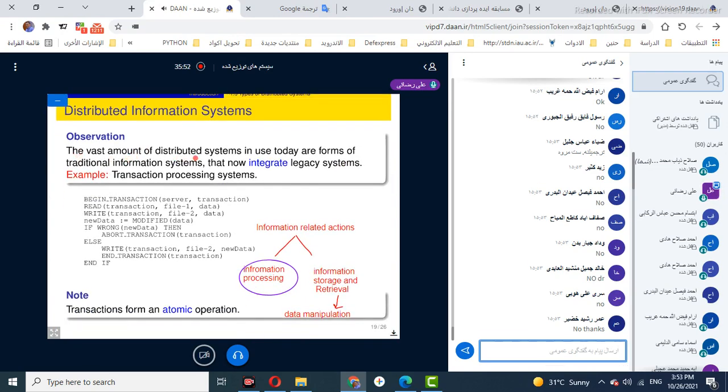The vast amount of distributed systems in use today are forms of traditional information systems that now integrate legacy systems.